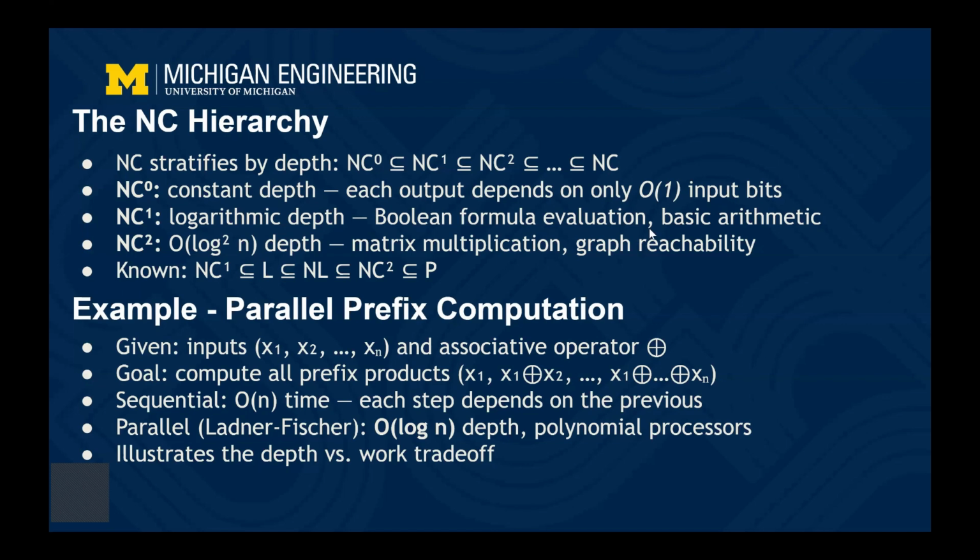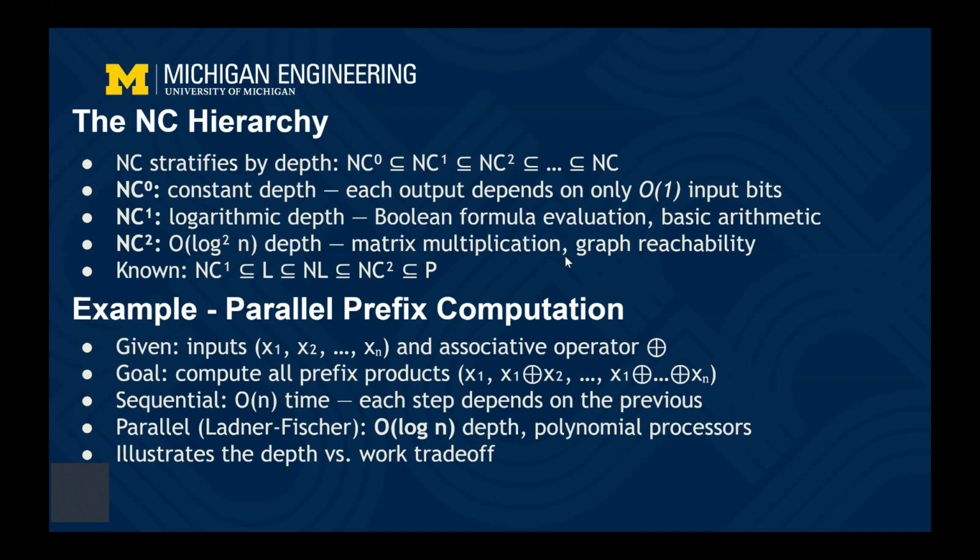A great concrete example of NC in action is parallel prefix computation. The task sounds sequential; each prefix depends on the one before it. But Ladner and Fischer showed you can restructure this using a tree of associative operations, cutting the depth to O(log n).